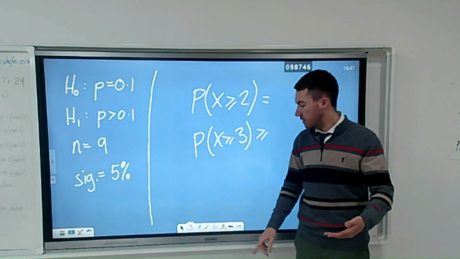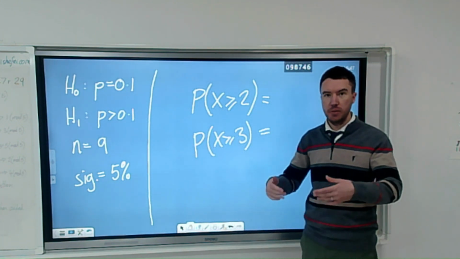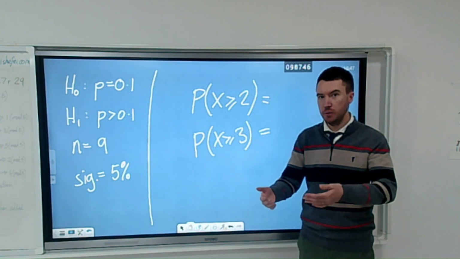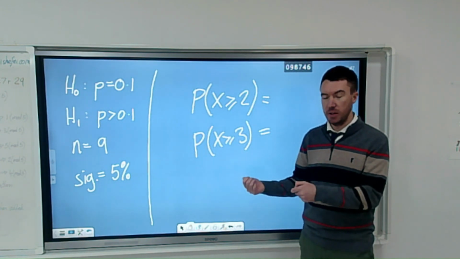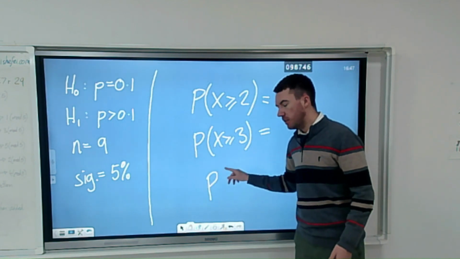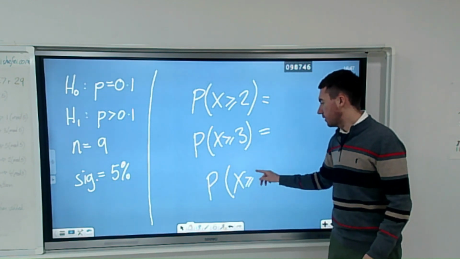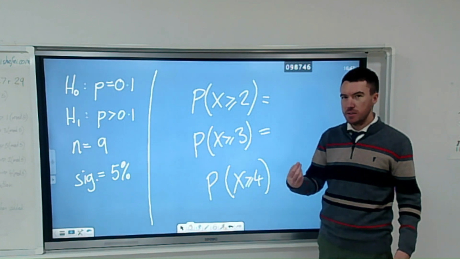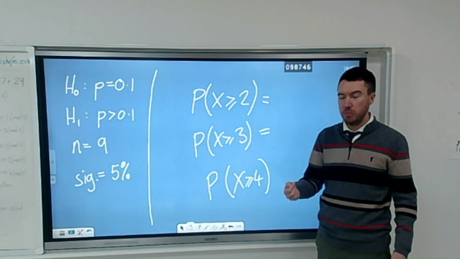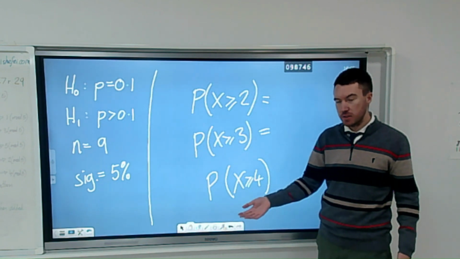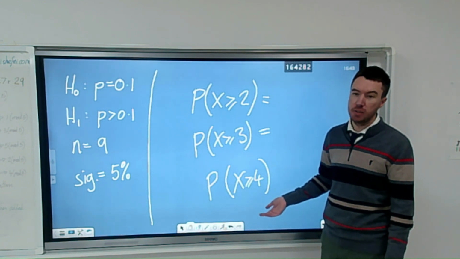And if that's not below the 5% significance level, if that is not happening with a less than 5% chance, then we can calculate x is at least 4. And remember, it's a 0.1 probability that he knocks down each fence, so knocking down 4 would be pretty significant.